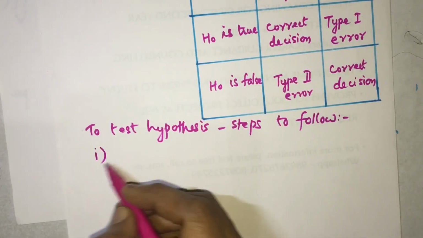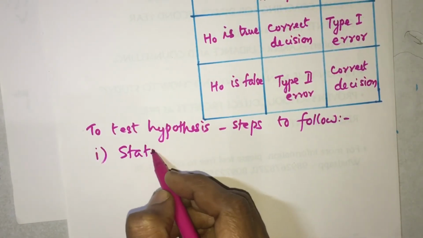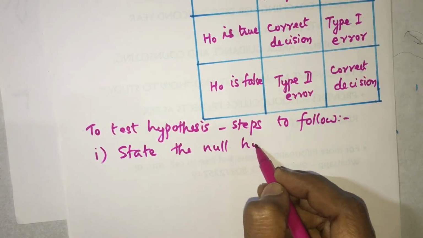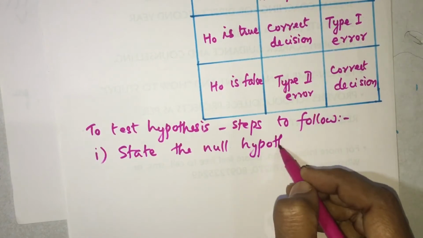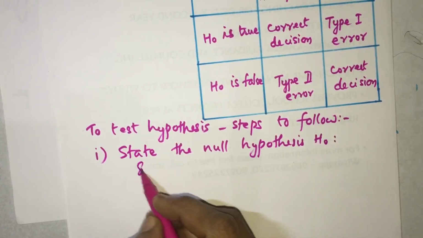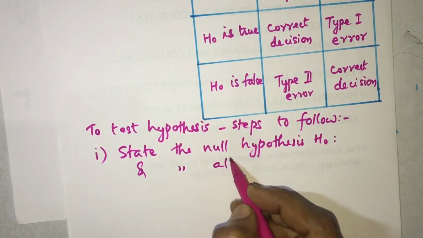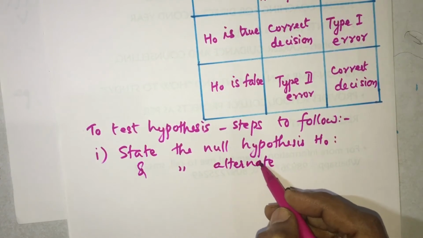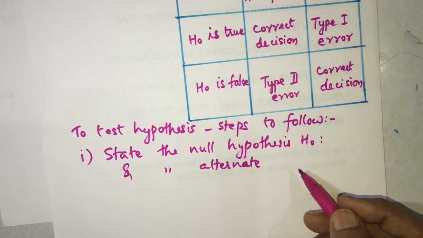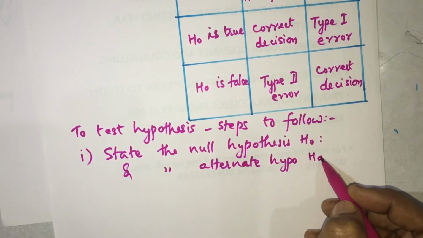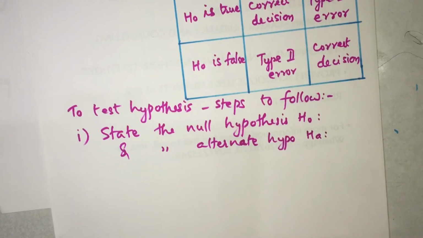The first step is to state the null hypothesis H0 and state the alternate hypothesis. This alternate hypothesis can otherwise be called the alternative hypothesis. We normally write this as HA.